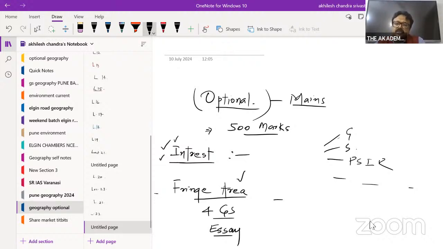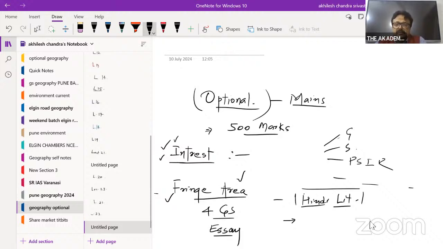Suppose you take the example of Hindi literature or English literature. If you are taking literature as an optional, you are not going to have any contribution to your GS. All these subjects have no impact on your general studies preparation. So if you have an optional with a good fringe area, a good association with your GS syllabus, that is going to be helpful in preparing for GS also.